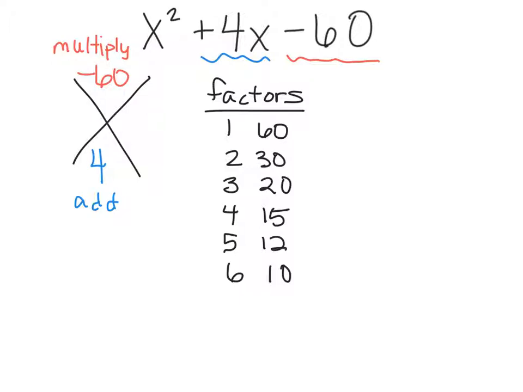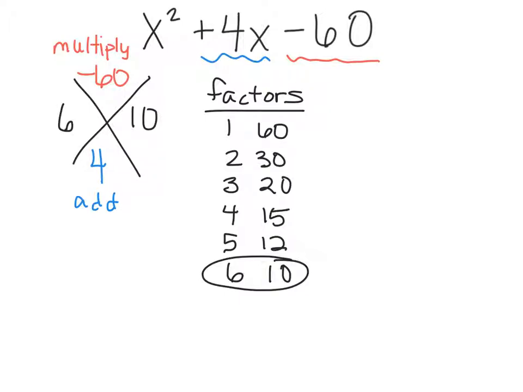So there are factors. Now, remember, in order to multiply to a negative 60, we need at least one of our factors to be negative. But I want those same two numbers to add to be 4. So I'm going to choose the one where the grouping could potentially give me 4 when I change the signs. So that's going to be a 6 and a 10.